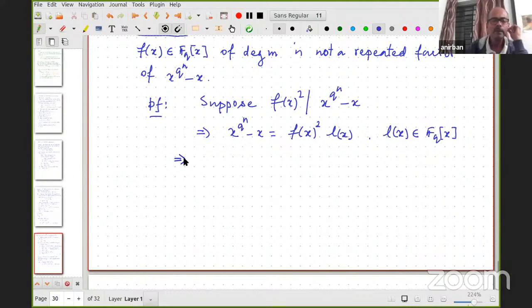Now we have our tool of taking formal derivatives. So let's see what the formal derivative gives.